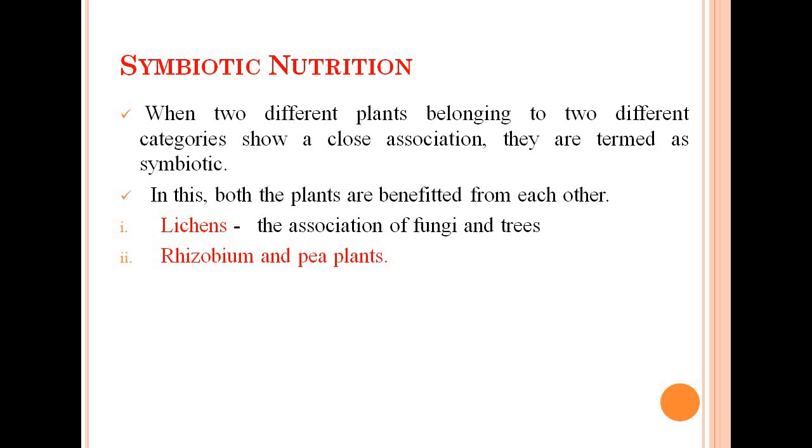Unlike the parasitic plants, in which one plant, that is the parasite, gets the benefit while the host plant does not get any benefit, in the symbiotic association both the plants get mutual benefit. We will discuss examples in the next slide.